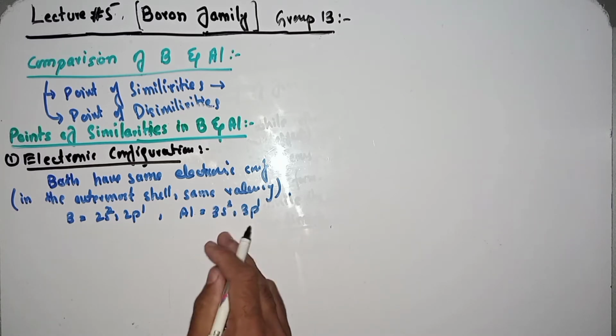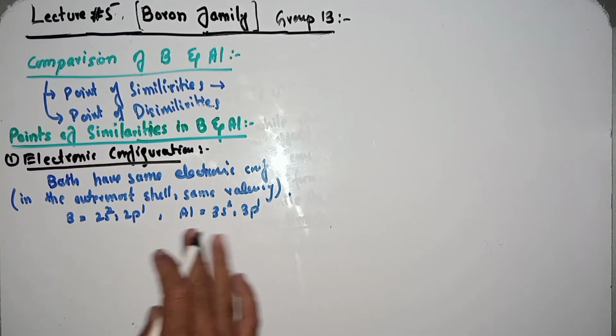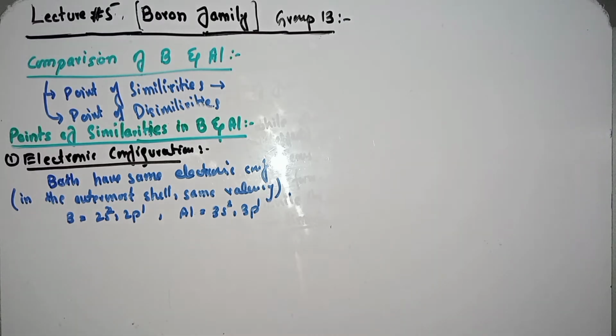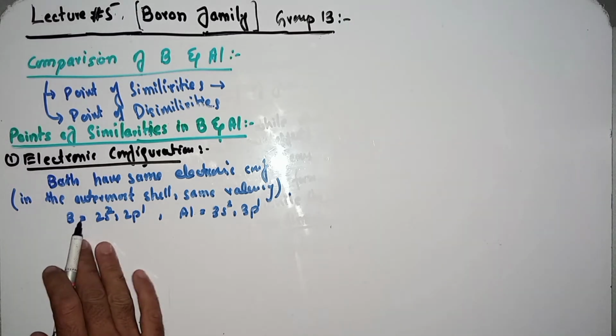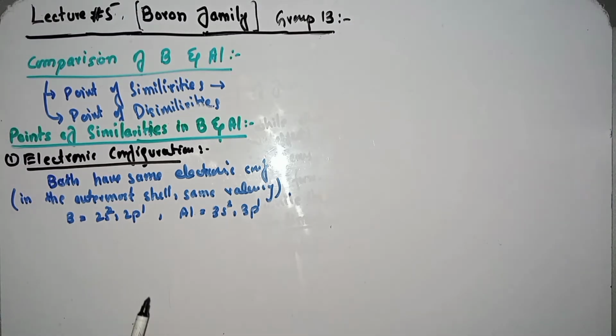It means in the valence shell the same number of electrons are present. In boron, the second shell is the valence shell with 3 electrons, while the valence shell of aluminum, that is the third shell, the M shell, also has 3 electrons. This is the first similarity, the electronic configuration.